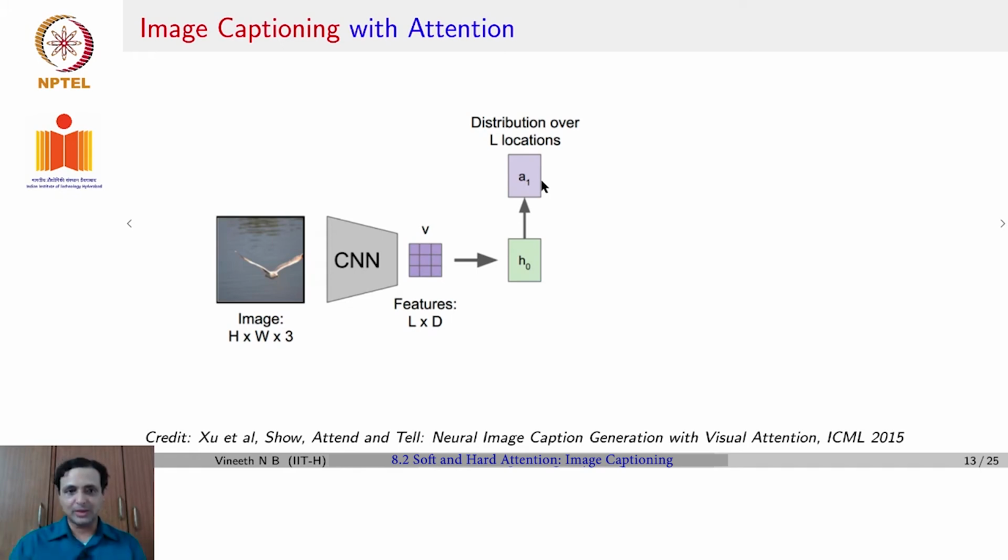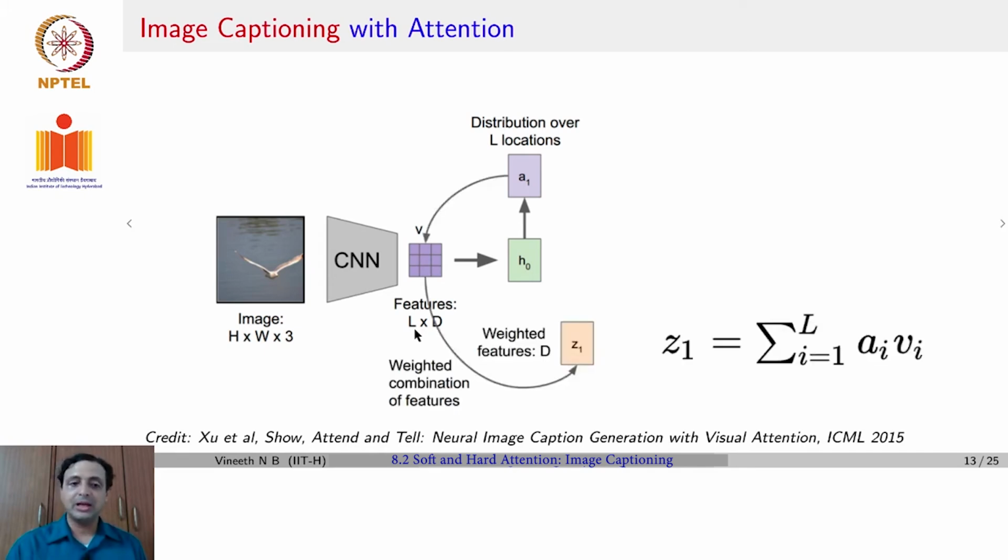A1 is a softmax vector whose length would be the number of grid locations that you have. That would be H cross W, which we're going to denote as one single value L here. Now we're going to use that A1 to weight each of these locations in the feature map, and that becomes a weighted combination of features which we denote as Z1.